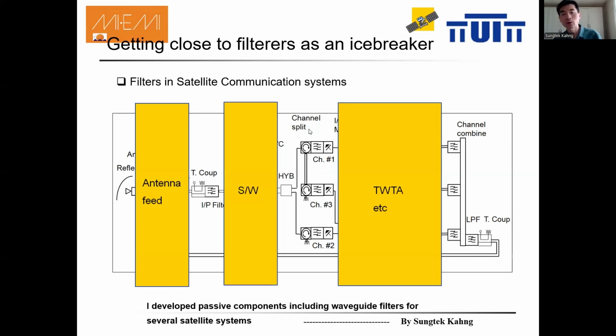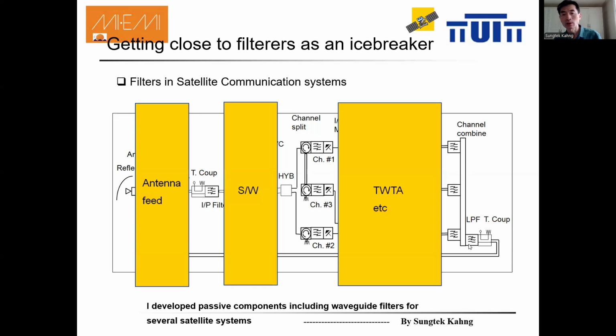So channel splitter and channel combiner both use very good channel filters. There's a high level of complexity and difficulty in designing channel filters, or bandpass filters with very narrow bandwidths, or small fractional bandwidths, that are required.